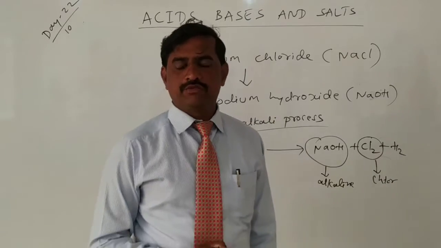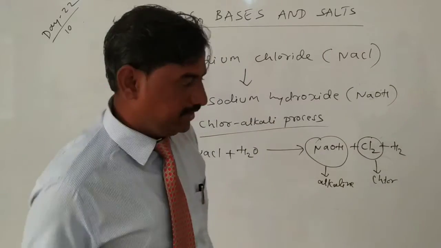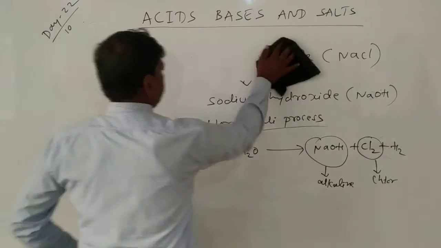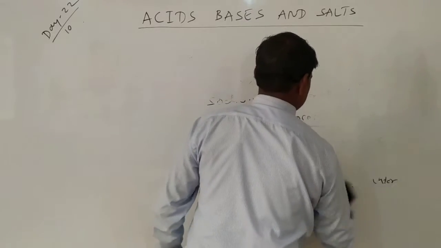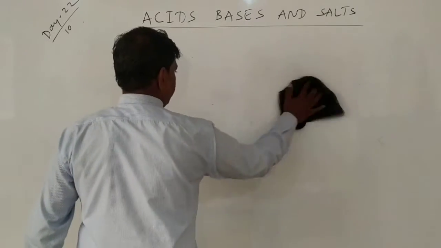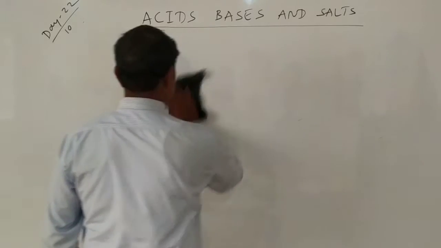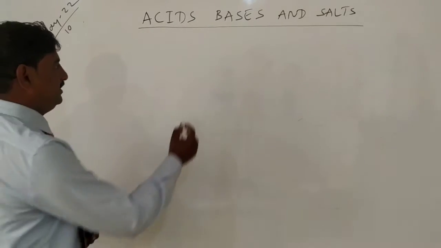The first one we will study is bleaching powder. How is bleaching powder manufactured, and what is the chemical formula of bleaching powder?